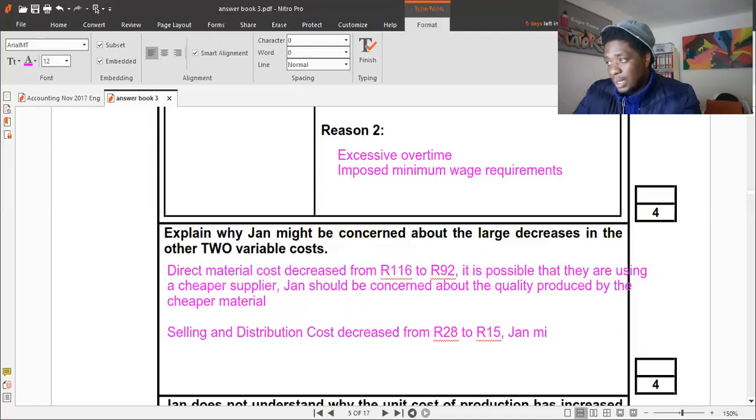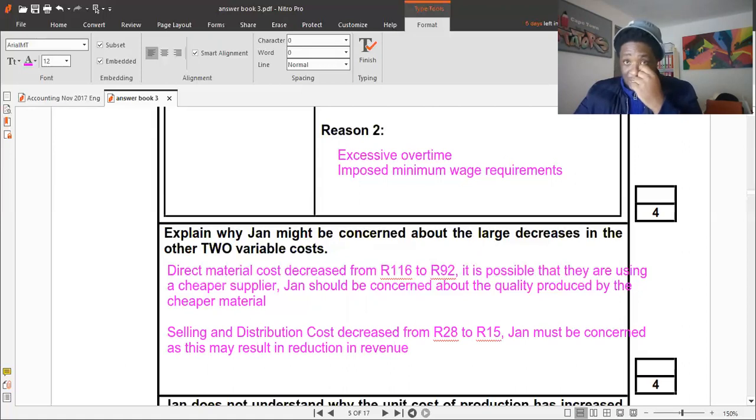Jan must be concerned as this may result in a reduction in revenue. Because now you are advertising way more or less than the previous year, you may see the sales of the business dropping.